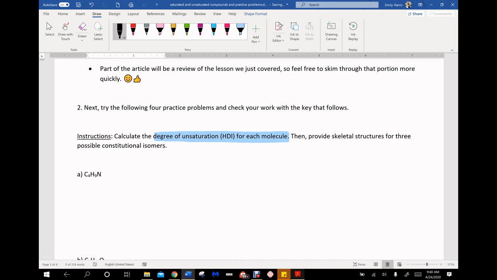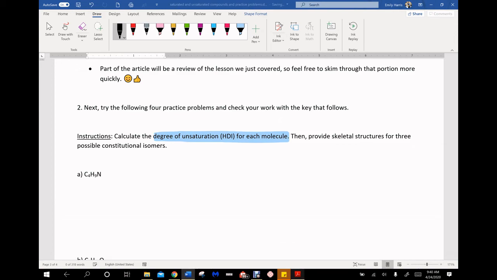For each of them, for example for A, you'll draw 3 things. Each of the potential structures should have 4 carbons, 9 hydrogens, and 1 nitrogen. So the number of atoms will be consistent. What will change is just the order in which they're connected.